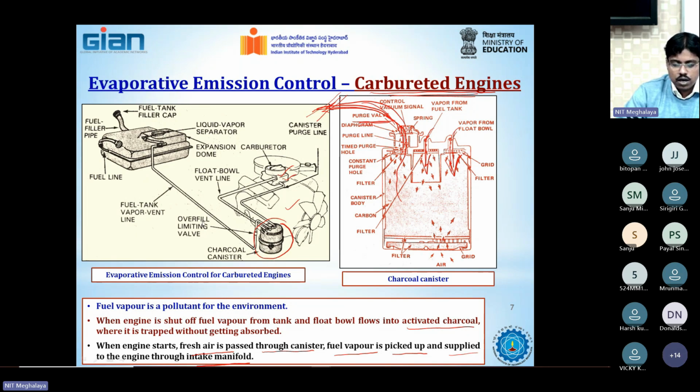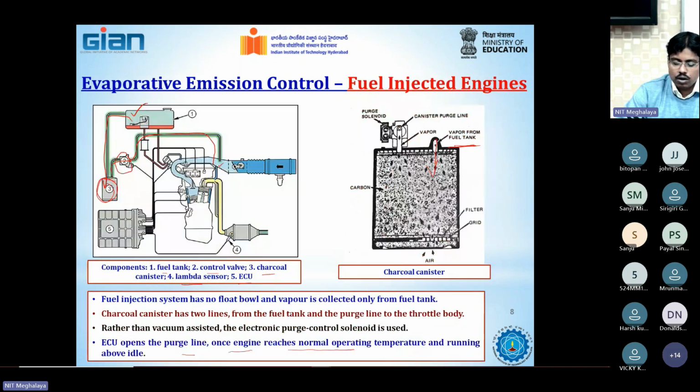Once the engine is started, air is dragged in through this particular canister, and the fuel vapors stuck on the activated charcoal surface are supplied into the intake manifold and burned out, which safeguards against the loss of fuel vapor and its consequent emission into the environment.